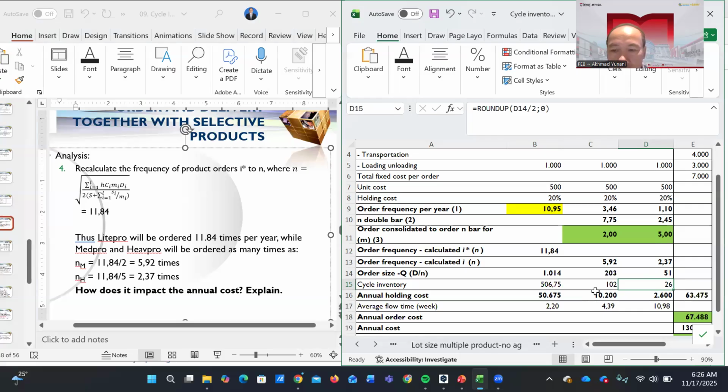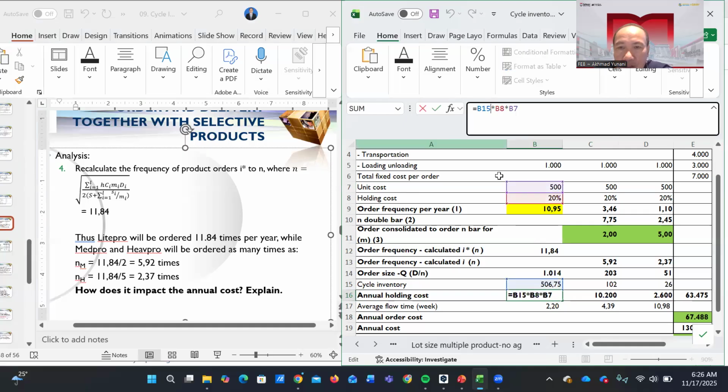Holding cost for each brand is the cycle inventory times little h, the percentage of holding cost times unit cost.